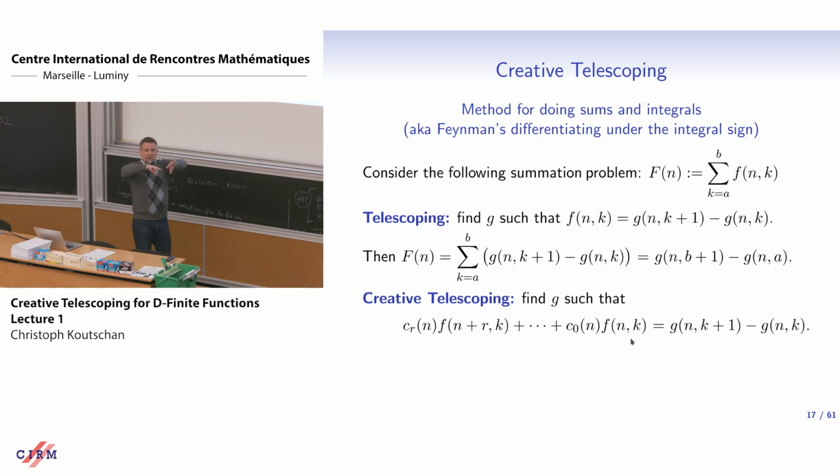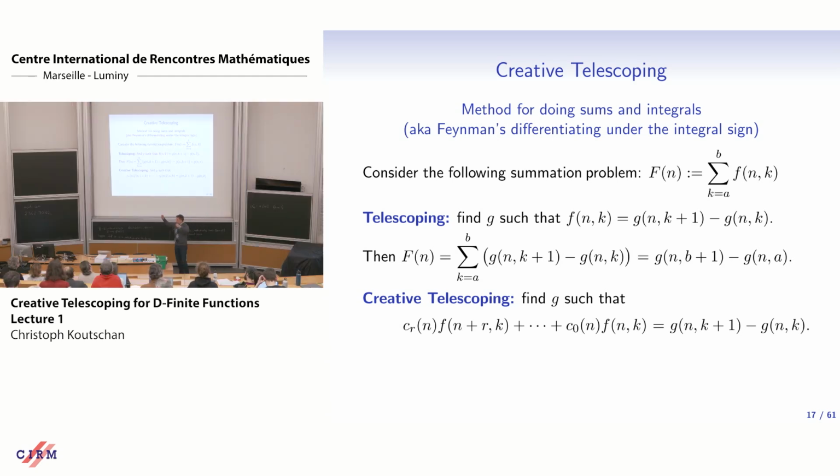So we have now many possibilities to create new terms by choosing these c's, and we can hope that a certain choice will be successful so that this new expression has an antidifference. For the moment, let's not talk about how we find these c's. Let's just assume we have found a certain r and coefficients c_0 up to c_r, such that this linear combination can be written as an antidifference.